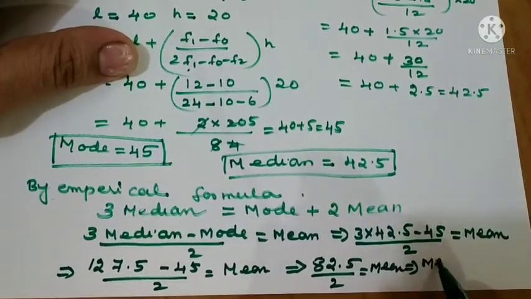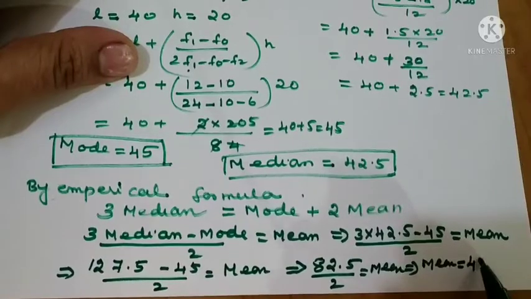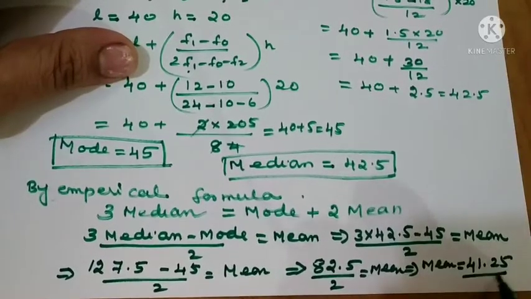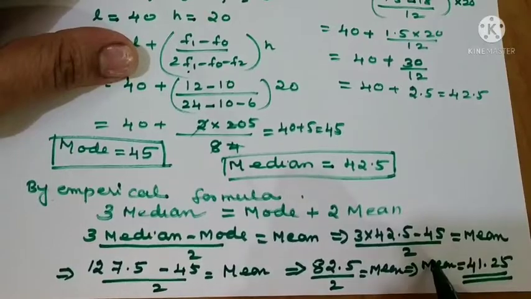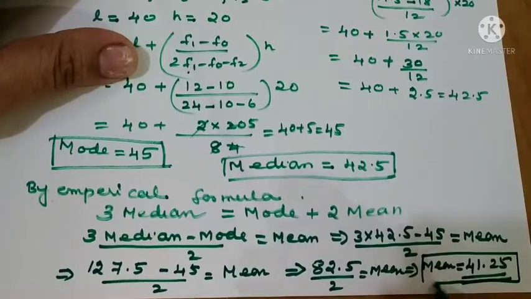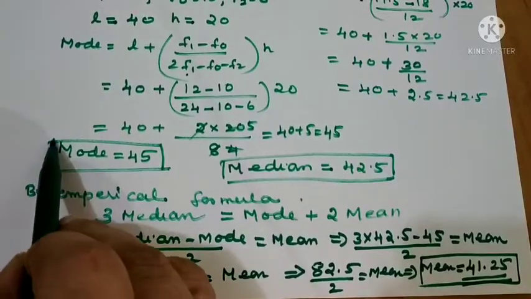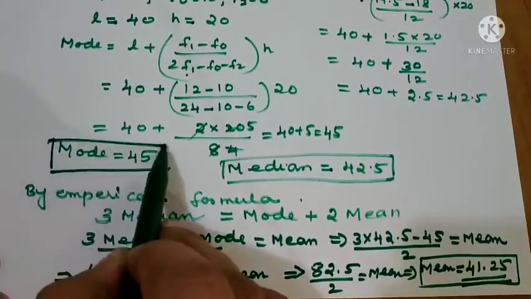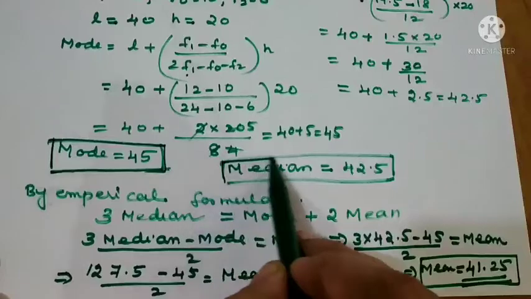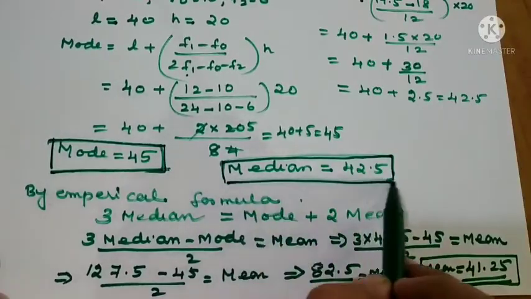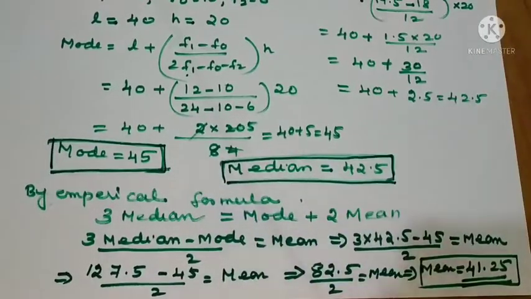Mean equal to 41.25. See, all the values are not same here. There may be slight variation. Nothing to worry about that one. So mode equal to 45, median equal to 42.5, then mean equal to 41.25.